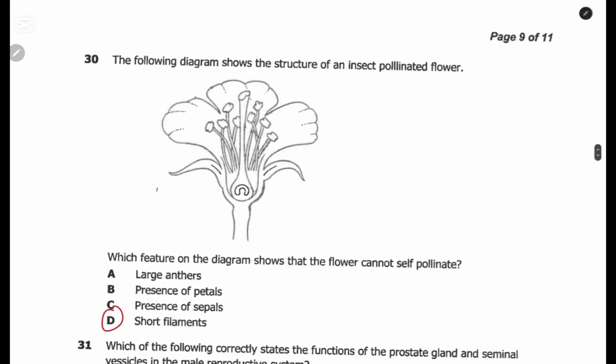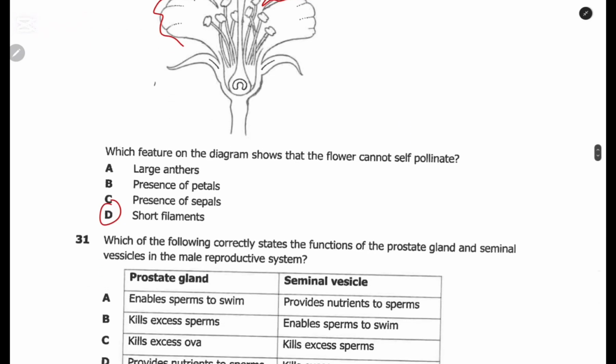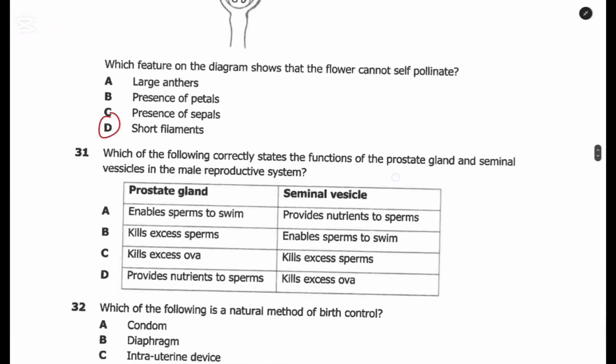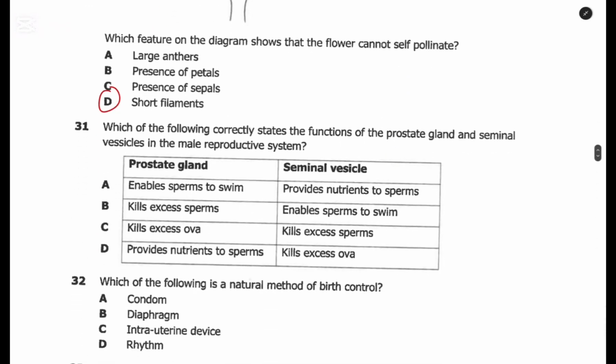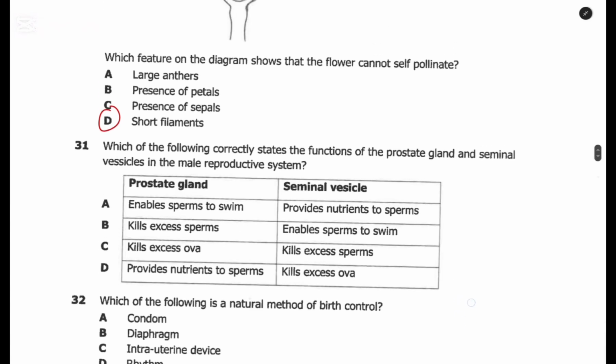Look at this. The sepals are out there, the filaments are within, short inside. That is the reason why this one cannot self-pollinate. So here the answer is D.